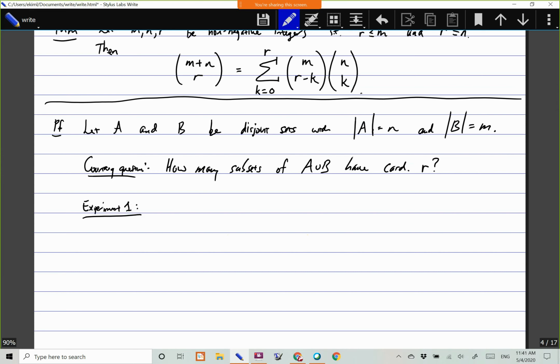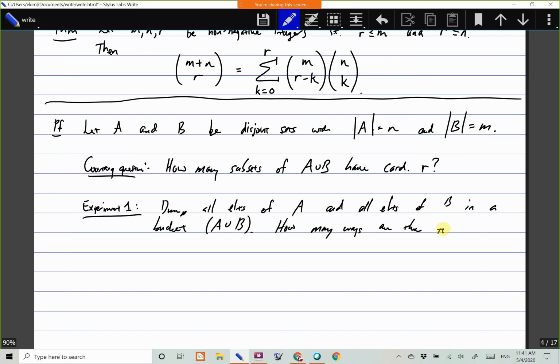Sometimes this helps. You dump all the elements of A and all the elements of B in a bucket, which creates the set that's the union. And the point is to answer: how many ways are there to choose r things from this bigger bucket?